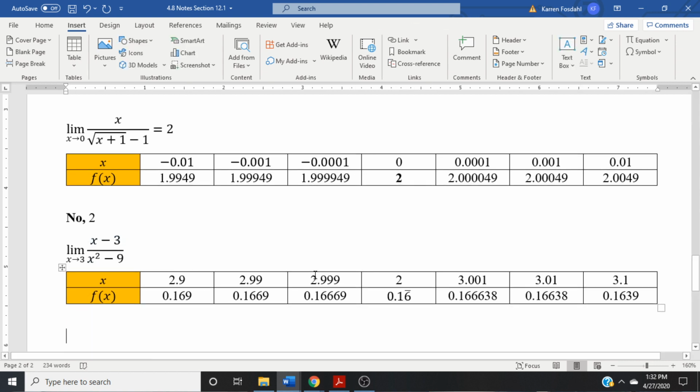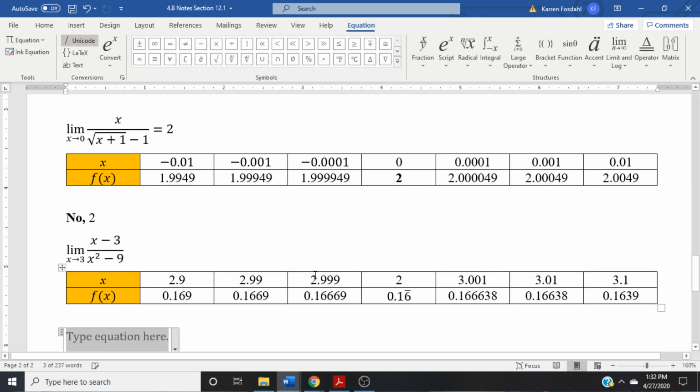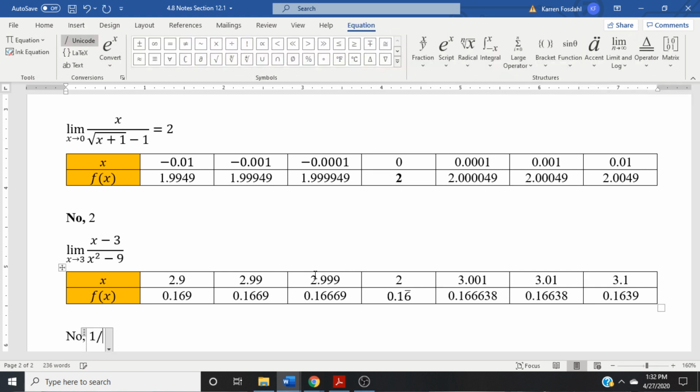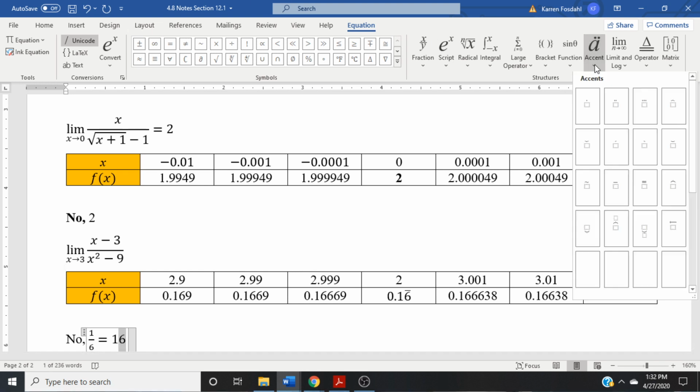Same thing over here, you would say no, but the answer is 1 over 6. I don't know how to write this any other way, so I'll do it with that.